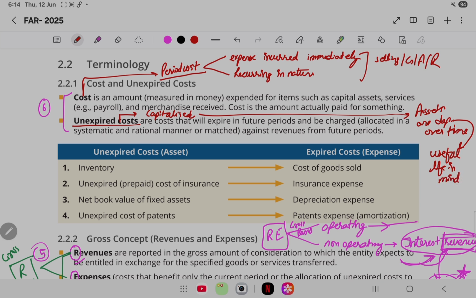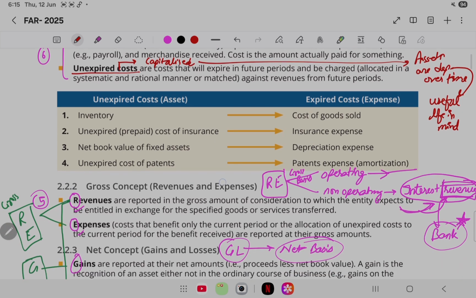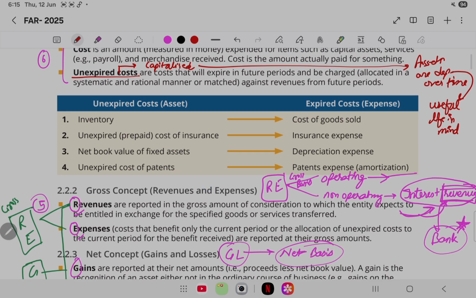So while applying the depreciation, we are following the matching principle. Now what are the examples? Unexpired costs are normally called assets. We have bought an inventory. It is not expired; we haven't sold it yet. It is converted into an asset and it will be transferred to cost when we have sold the item.